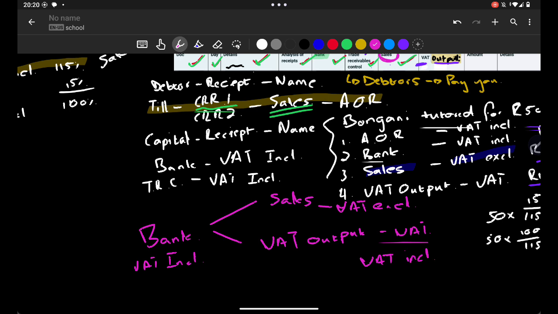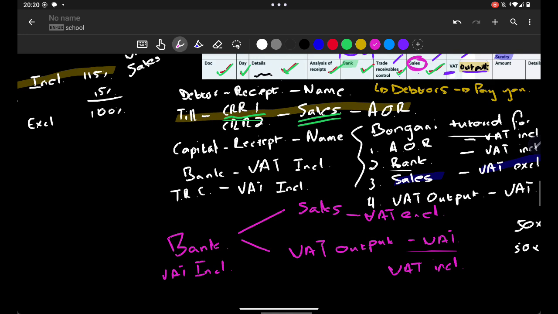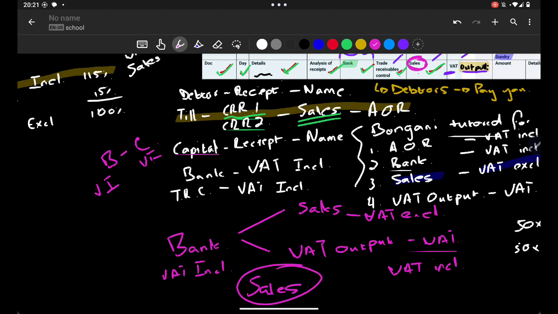I've been saying inclusive and exclusive so many times that I'm getting confused, right? They will also give you the VAT inclusive amount. Look at everything else, it's just bank and that account. So capital, it's bank and capital, and they're both VAT inclusive. So in the end, we want both sides to balance, because that's accounting. We need to balance the debits and the credits, right? But in the case of when you sell goods in your sales, that's how it works, right?